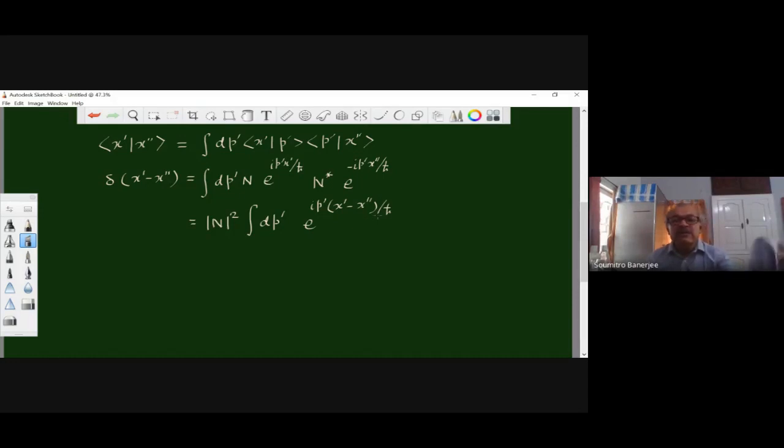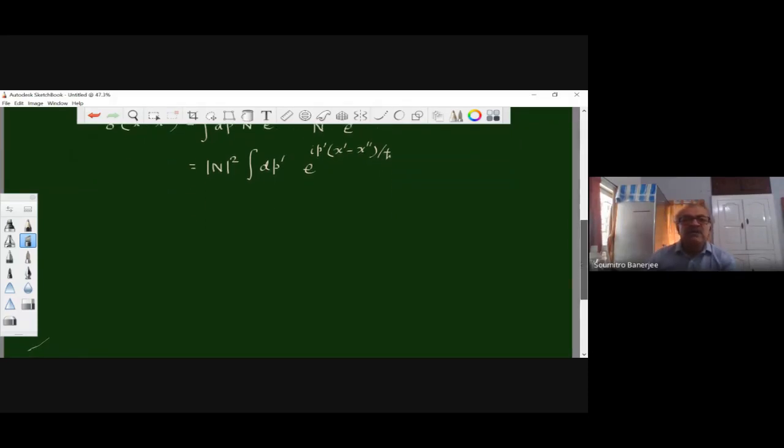Actually, this follows from the definition of the Fourier transform. Let me just keep this one and work it out. So we need to evaluate this, right? So it comes from the definition of Fourier transform. So the Fourier transform is f of k is 1 by root 2 pi, integral from minus infinity to infinity, e to the power minus I kx f x dx.